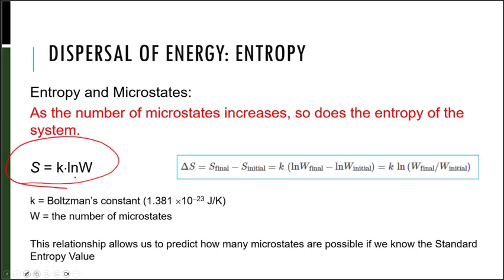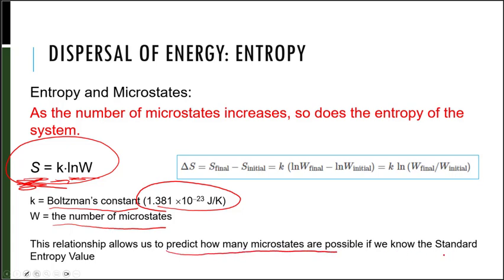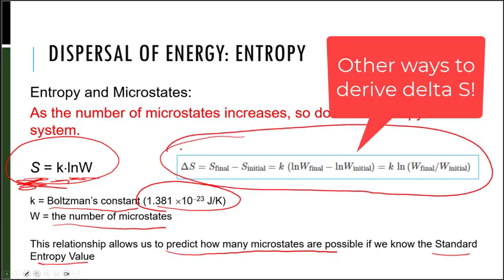So he came up with a relationship showing us that entropy of a system is equal to k, which is Boltzmann's constant, 1.381 times 10 to the negative 23, times the natural log of W, and W is the number of microstates. Using this relationship, we can predict how many microstates are available if we know the standard entropy value of that system. Here are a few other useful equations to find delta S.